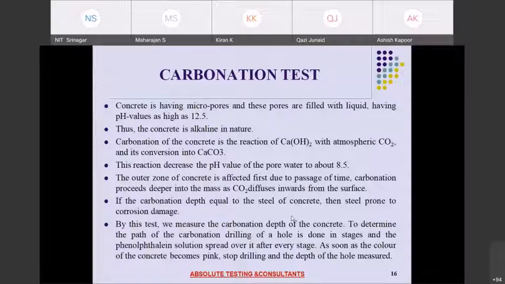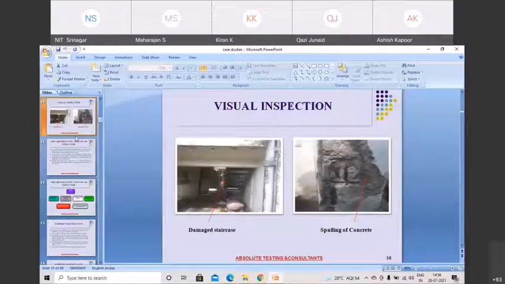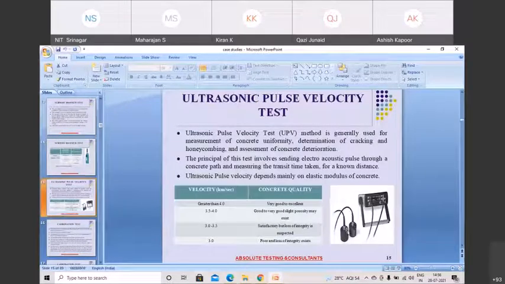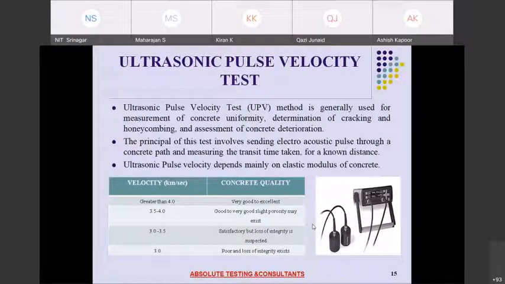There are two probes, you can see in this image, one acts as a sender, one acts as a receiver. By using these probes we get a value, suppose we get a value of 2500 meters per second. It means your concrete is poor quality.